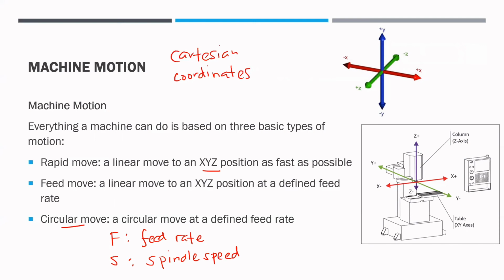On the other hand, T is used to select a tool. Other alphanumerals used in programming might include I, J, and R, which have to do with arc centers and radius.